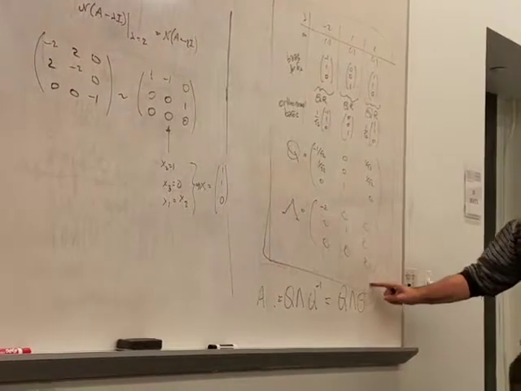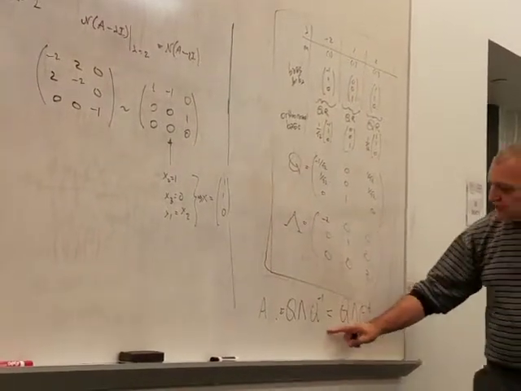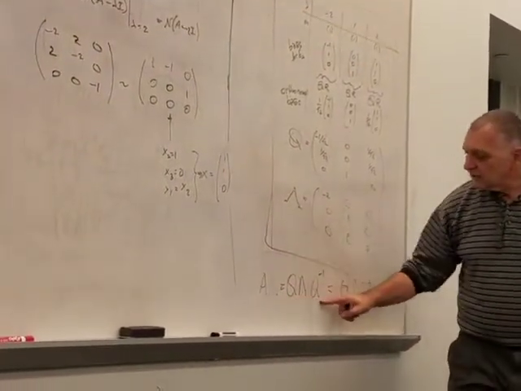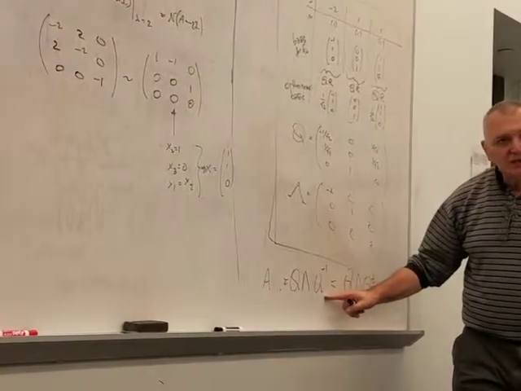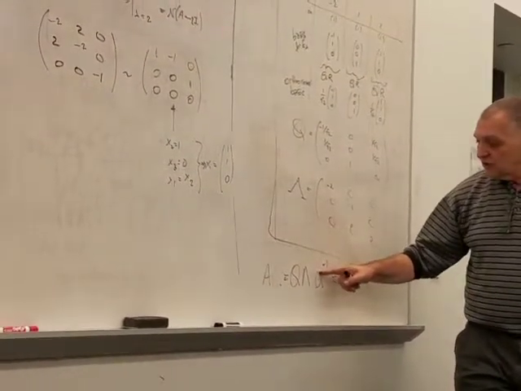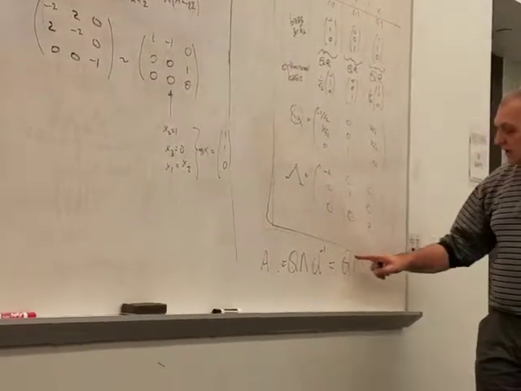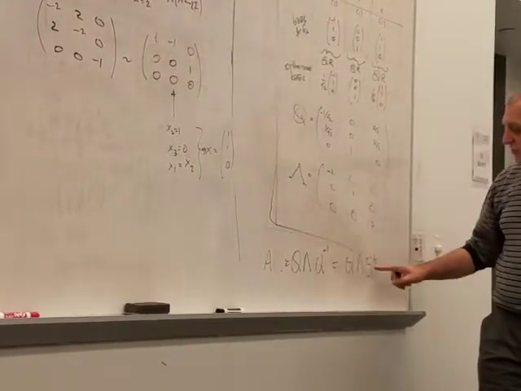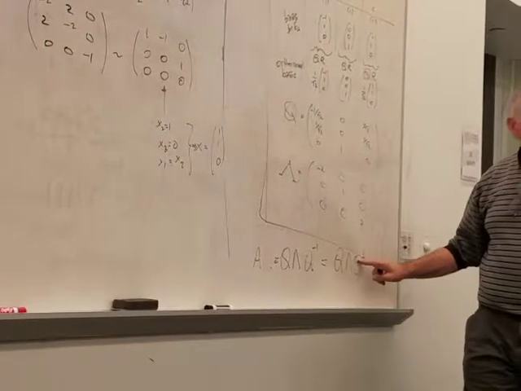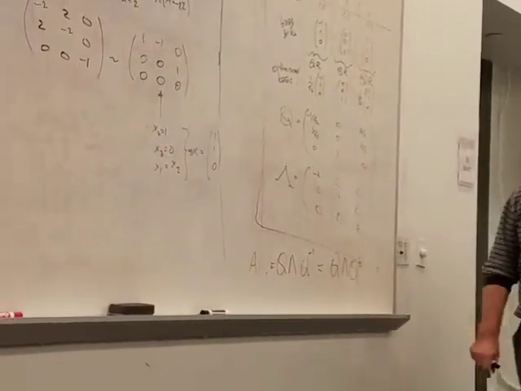Realize that this eigenvalue decomposition that we just did, since we fixed up the Q to have orthonormal columns, the inverse of that square matrix Q is just Q transpose.